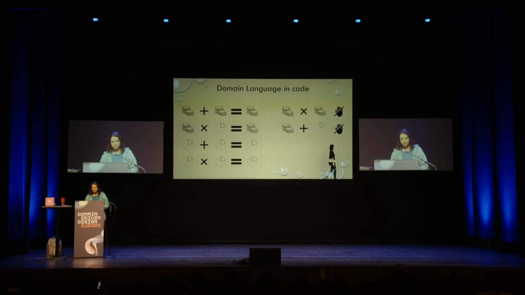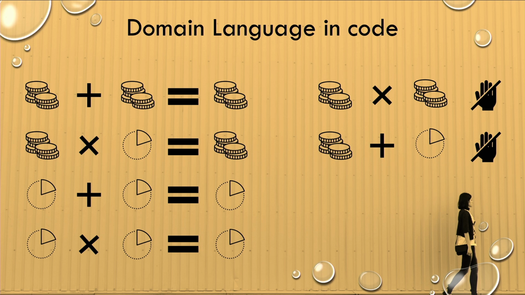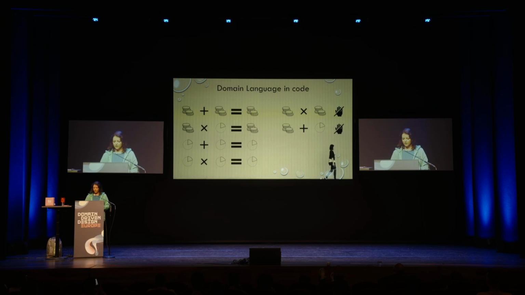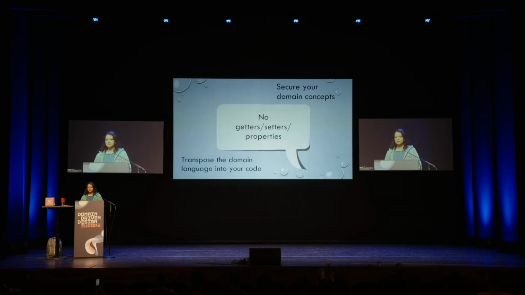And you enforce the transposition of your domain language in your code. And by the way, you cannot perform other behaviors which are illogical actions, like multiplying two amounts or adding an amount to a rate. So this rule secures your domain concept and transposes the domain language in your code.